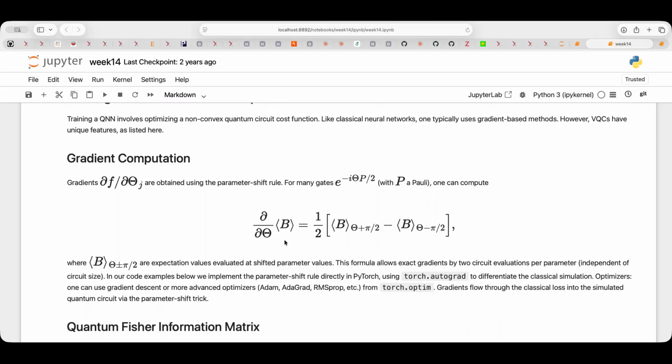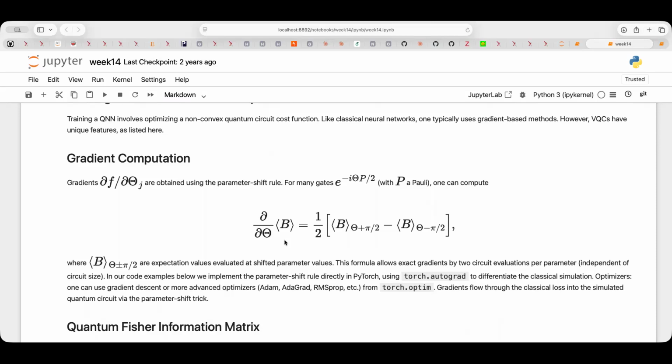So the parameter shift rule, as long as we deal with all these nice Pauli matrices, we have an analytical expression here. And if you look at the code examples, the parameter shift rule is actually implemented directly, in this case in PyTorch, and to differentiate the classical simulation.